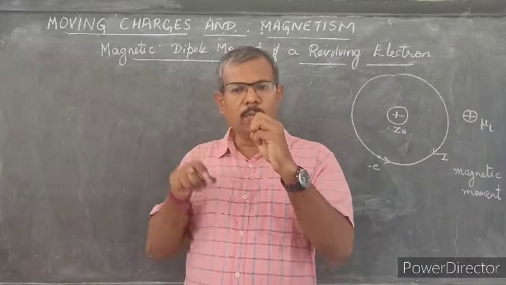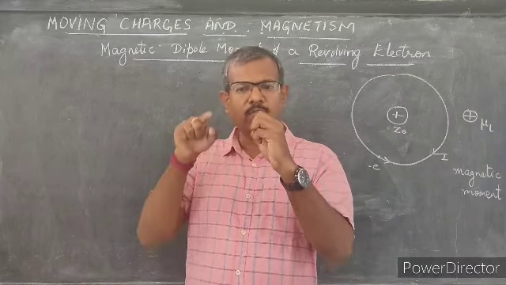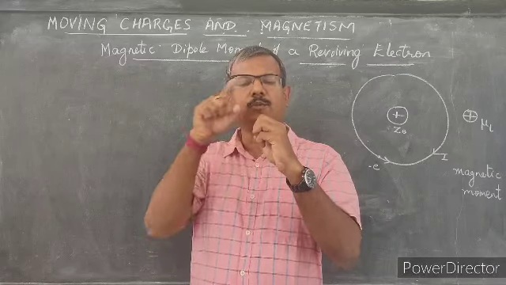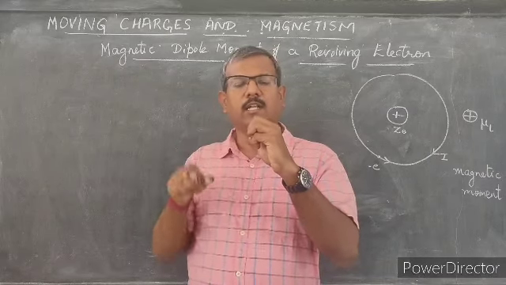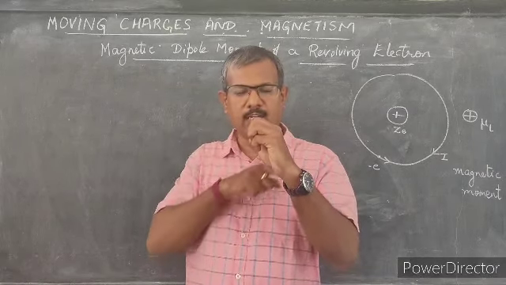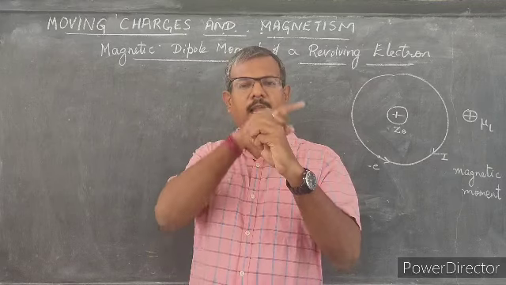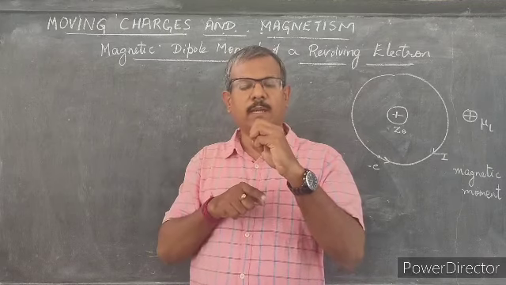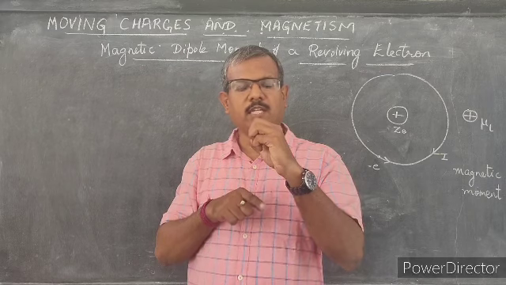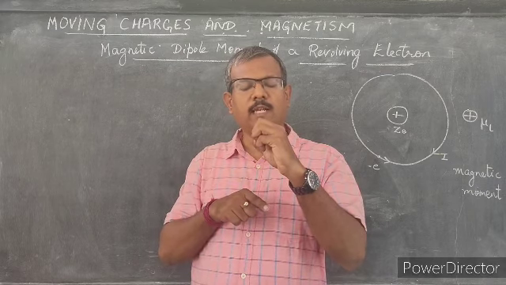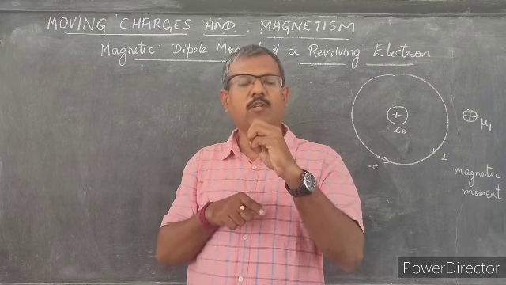So this movement of the electron around the nucleus is similar to a circular loop, because as this electron is executing the anti-clockwise movement, by convention we assume that current is flowing in the direction opposite to the flow of electrons.